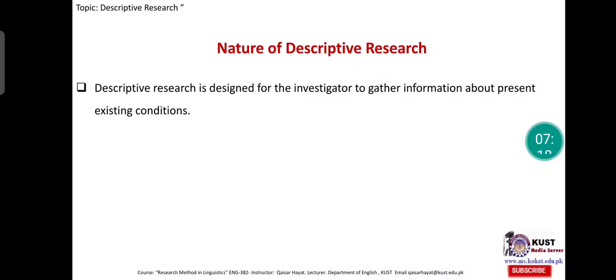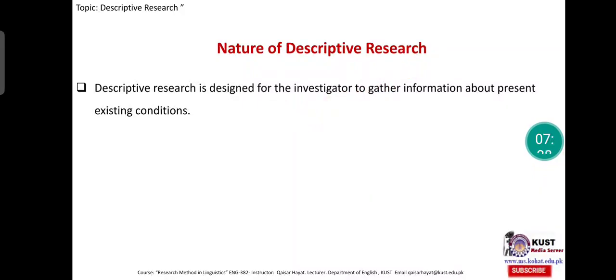Your decision should be there, but make sure that if the problem is an existing problem, if the problem is in front of you in its existing state, then you are free to choose the method, the design of descriptive research to adopt.